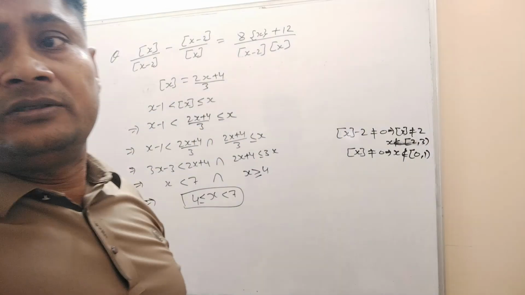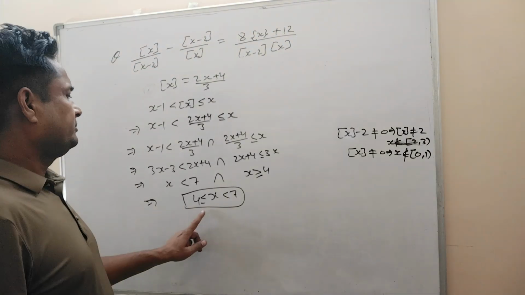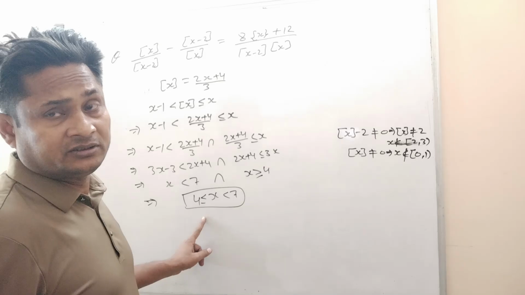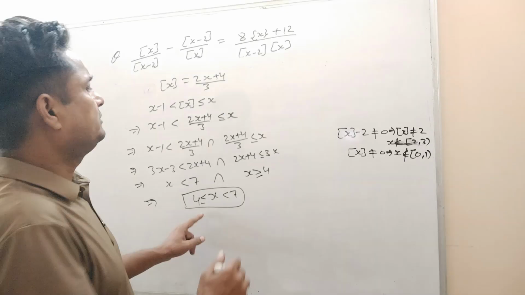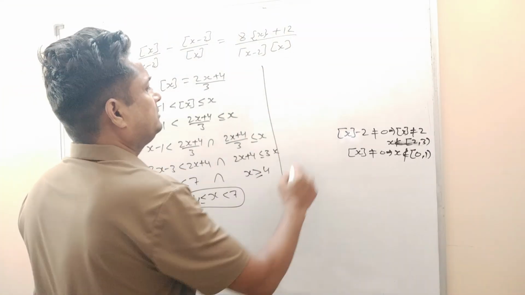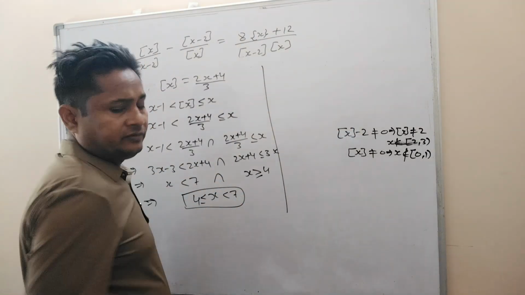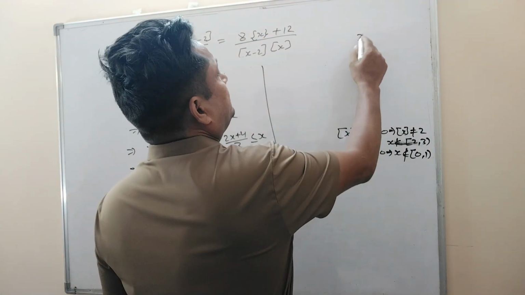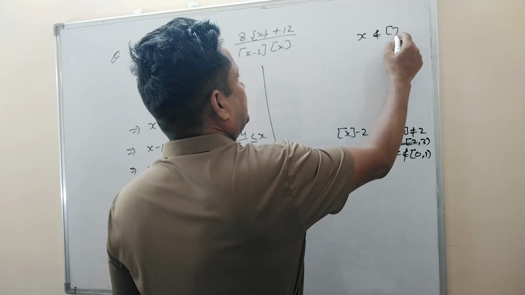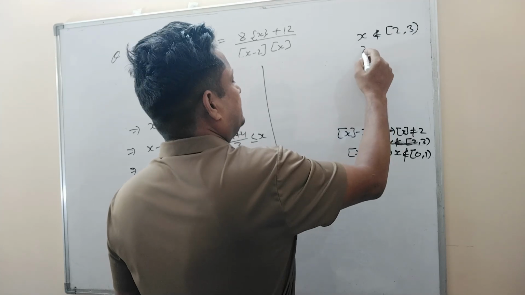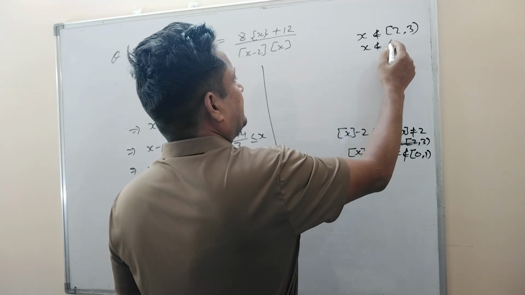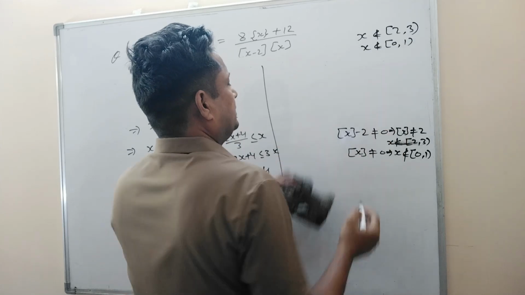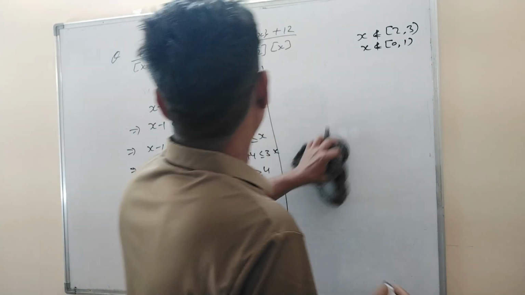Now here is the expected interval. We can solve this by taking different intervals. Here we are getting x does not belong to 2 to 3 and x does not belong to 0 to 1. So now let's solve this one.